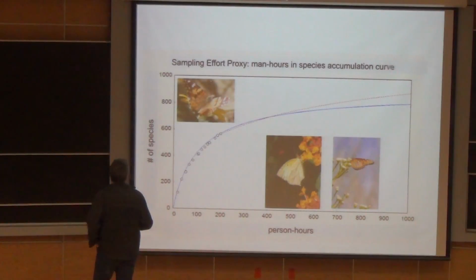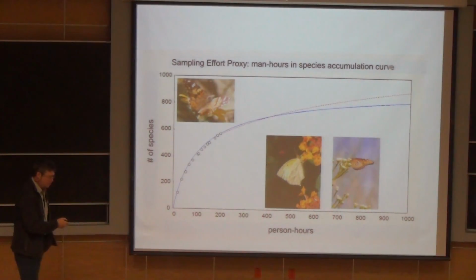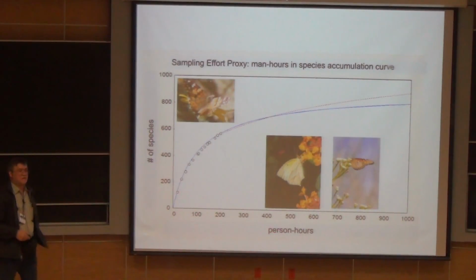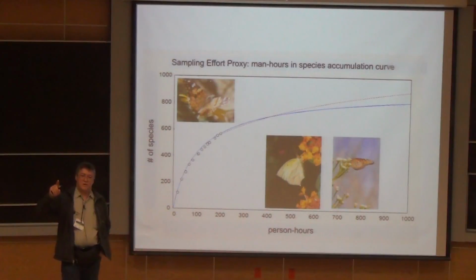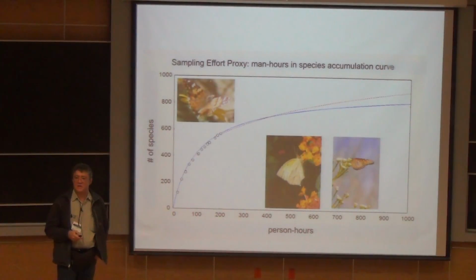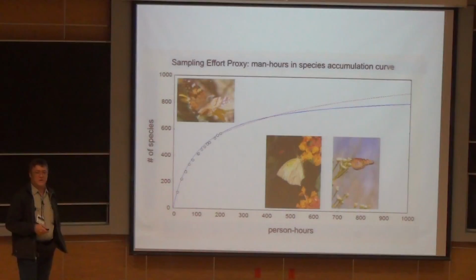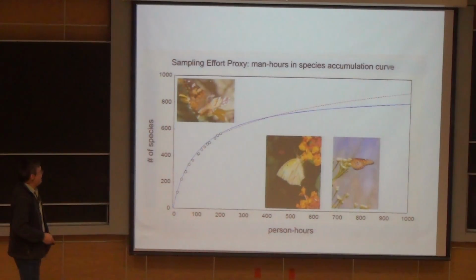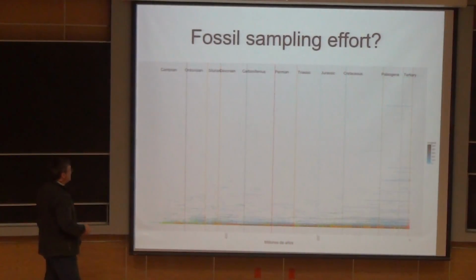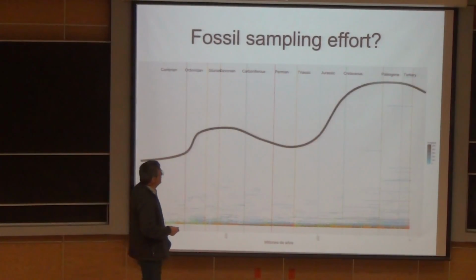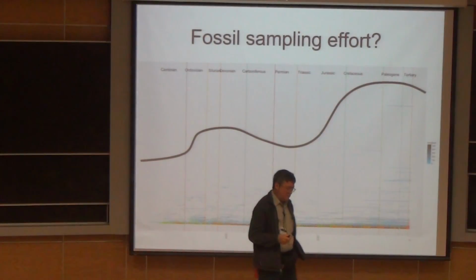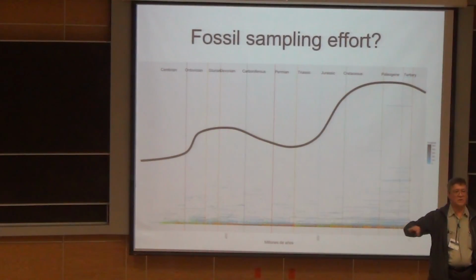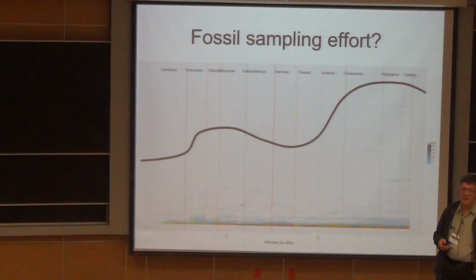This is another example in which the notion of sampling effort is used. The number of person hours which have been set out to capture butterflies is a measure of effort. That tells me how much I've tried to look for butterflies. What we need here is some proxy which would tell us with what intensity these different geological eras have been searched for or have been sampled.